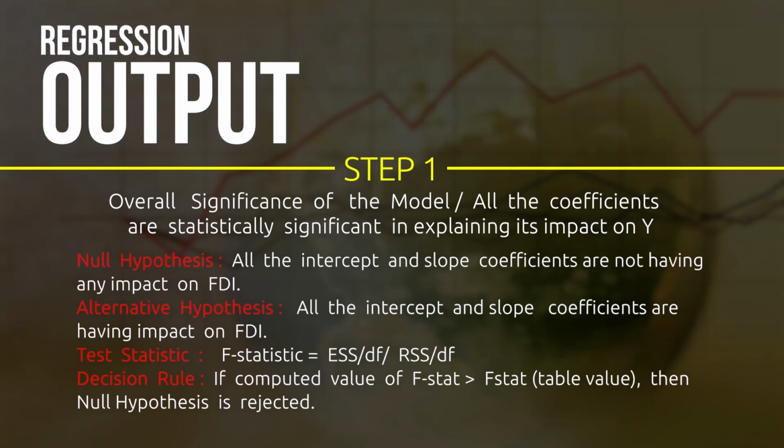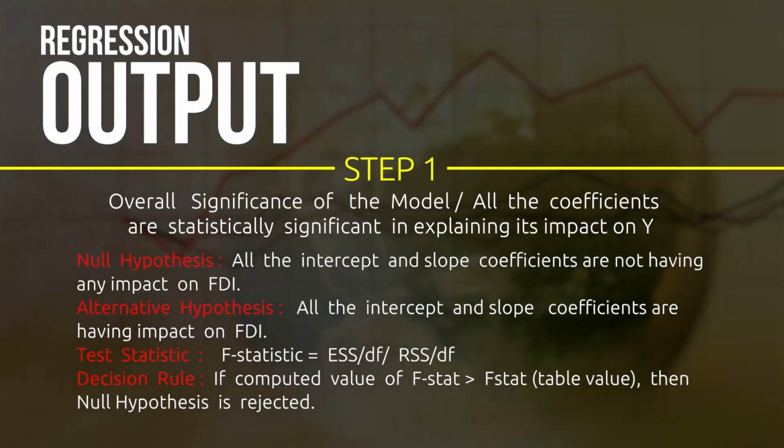That is understood by the null hypothesis that the intercept, alpha, and the slope coefficient, the coefficient of ln GDP, have no impact on FDI. The alternative hypothesis says that there is an impact.